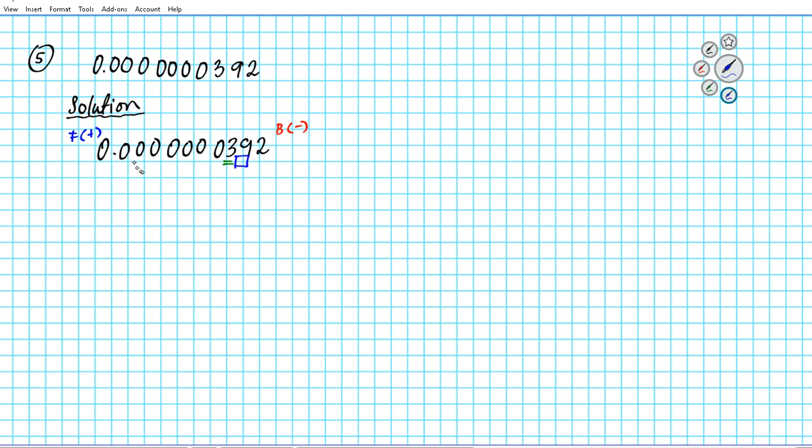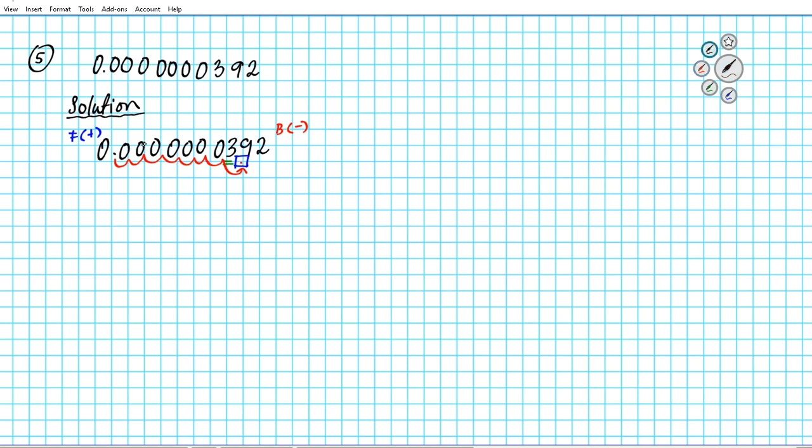So how many places do we have to move and in what direction to get the decimal point to the right of 3? Well, let's do it. So we're going to have 1, 2, 3, 4, 5, 6, 7, one more, and 8. Bam! That's what we want.